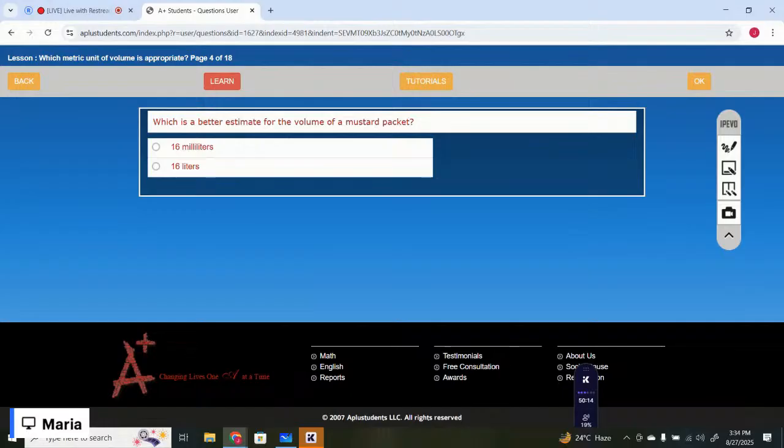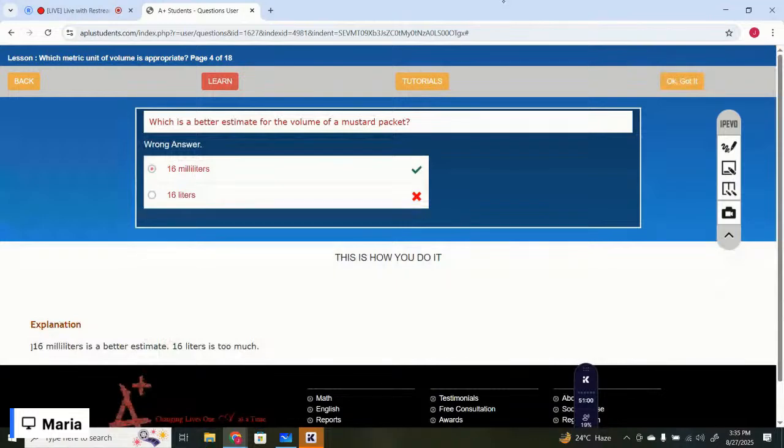Which is the better estimate for the volume of a mustard packet? The mustard packet would be 16 milliliters. Option number 2 is the correct option.